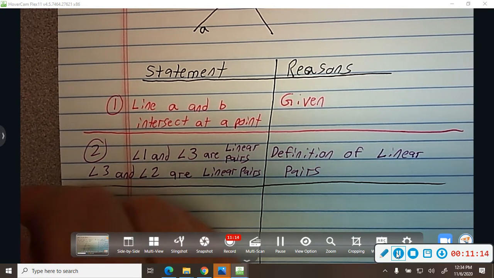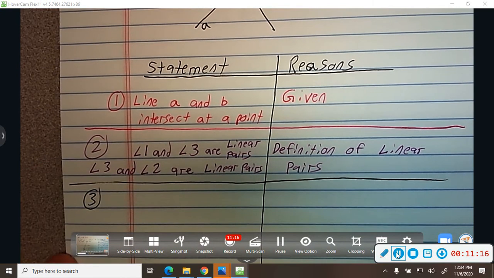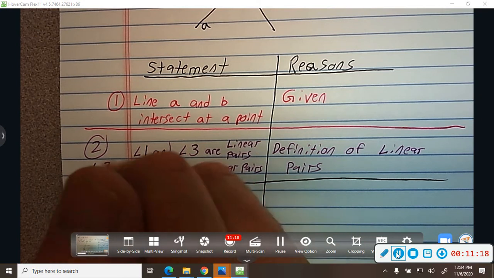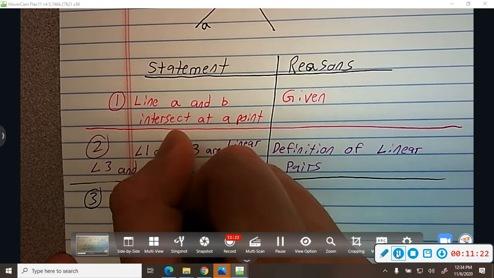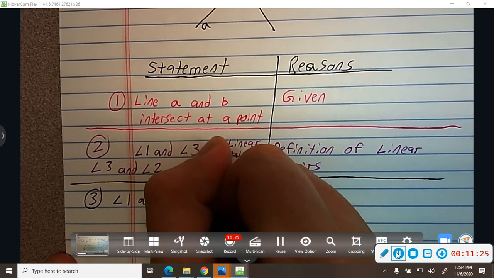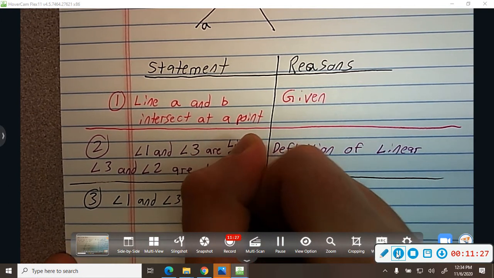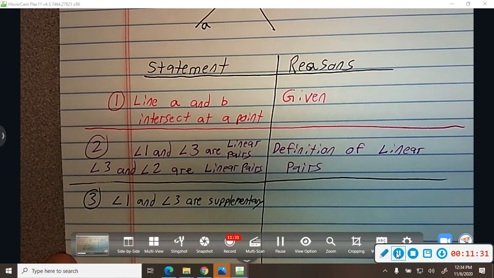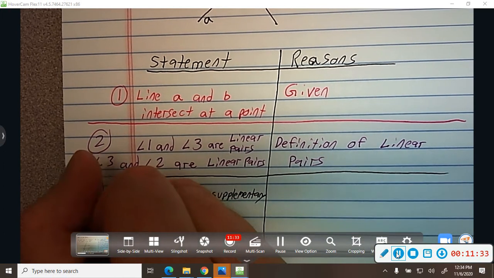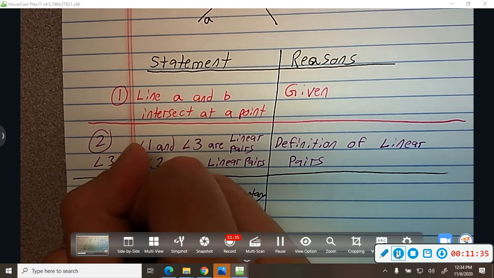So, and you really don't need both these steps, but now I'll say angle 1 and 3 are supplementary. I could also say that angle 3 and angle 2 are supplementary.